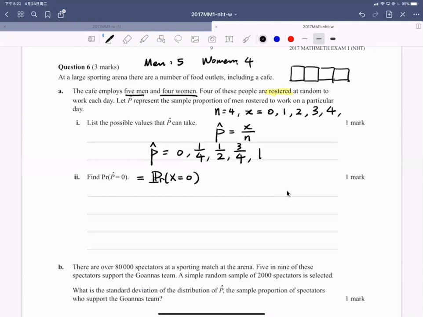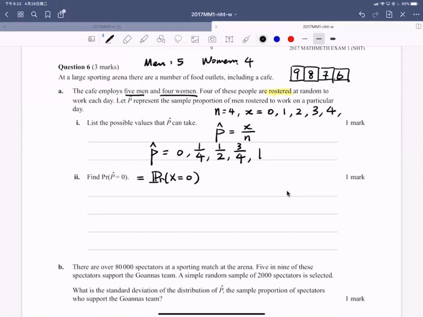You roster 1 person, the first one, you have 9 people. The second one, you only have 8 people to be rostered. The third one, 7. The fourth one, 6. 9, 8, 7, 6. 1 less each time. Therefore, this is not a binomial distribution. In fact, it's hypergeometric distribution.